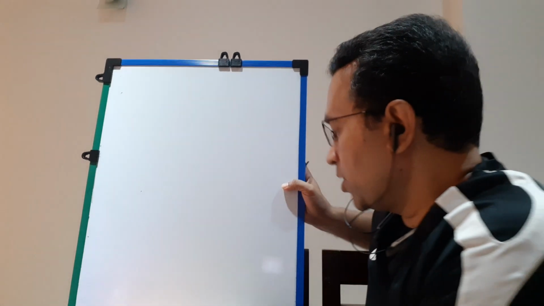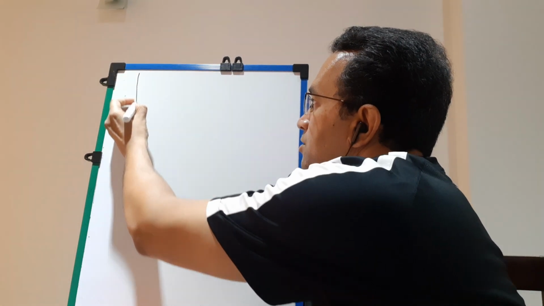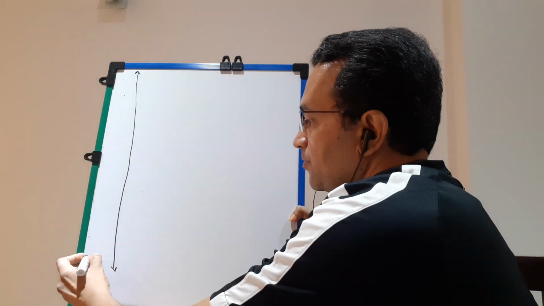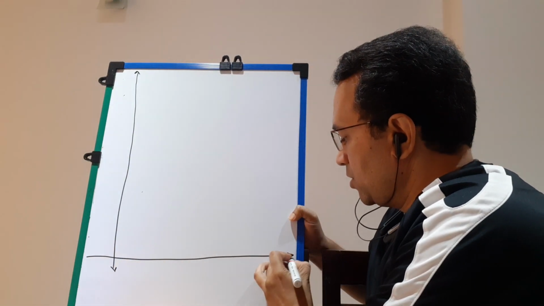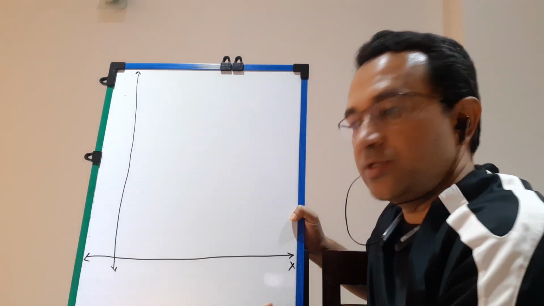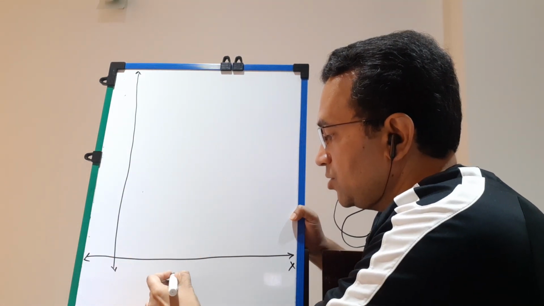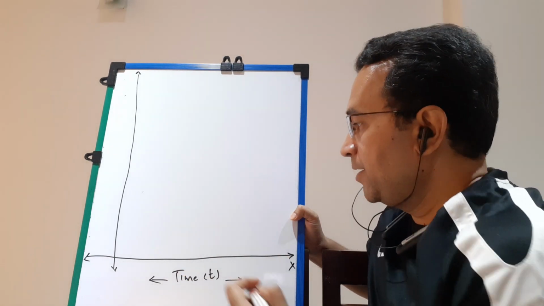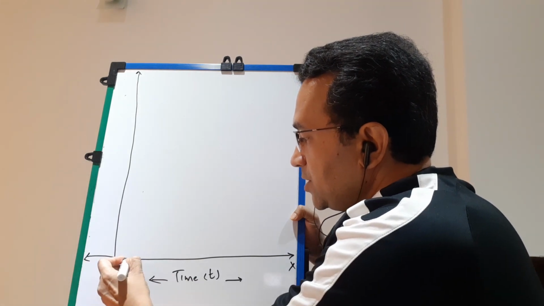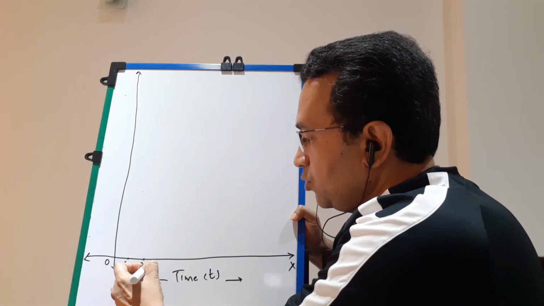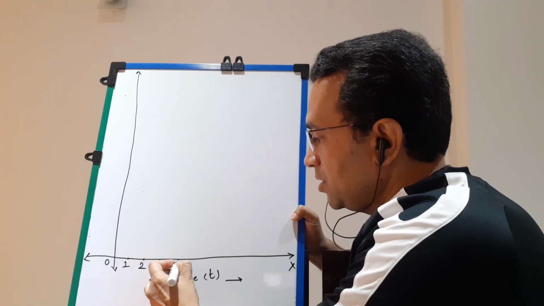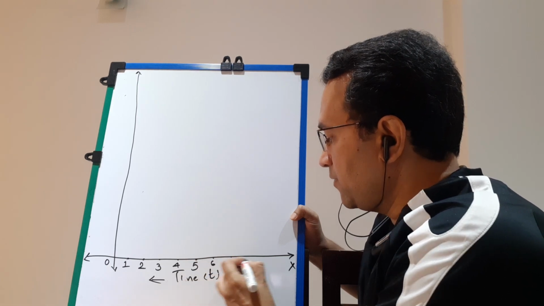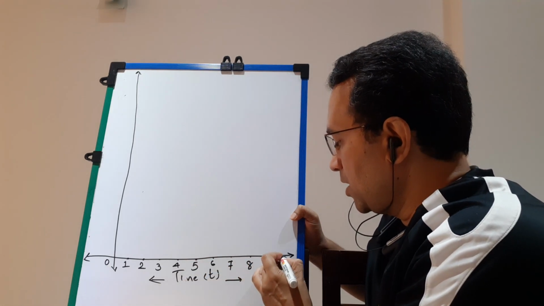Okay students, now I am drawing the layout of the graph. Say this is y-axis, and students, here we have x-axis. I suppose this is very clear. On x-axis students, we have time period, and here this is origin. Now say this is 1, 2, 3, 4, 5, 6, 7, 8, 9, 10.